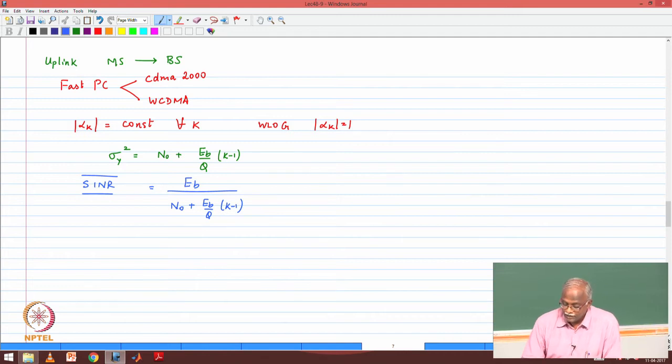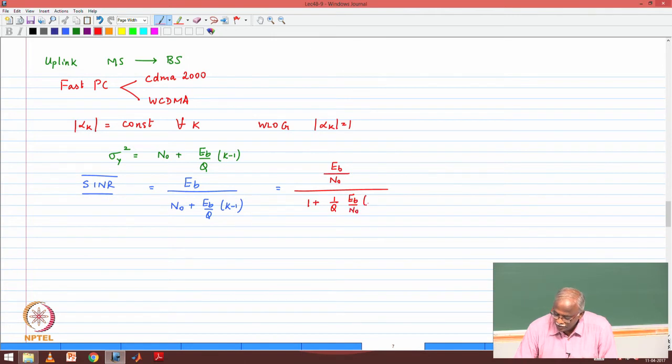Another interesting form of this equation: divide numerator and denominator by N naught, EB by N naught divided by 1 plus 1 over Q EB by N naught into K minus 1. Very interesting form, because what it says is EB by N naught is what would have been a single user's signal to noise ratio.